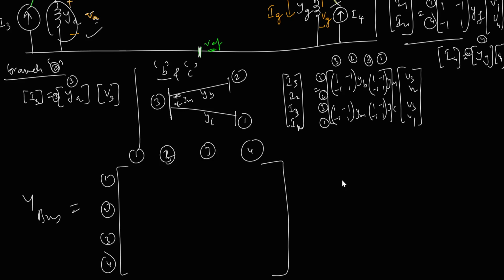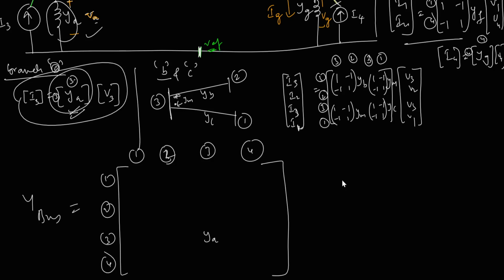Now you put these elements correspondingly. Suppose I want to put YA at 3 3, so 3 3 means this is YA, right?